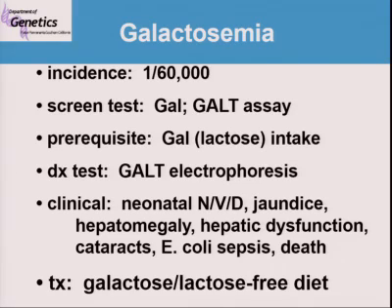So, case in point, several years ago when I was back at Vanderbilt in Nashville, there was a child who presented to our emergency room at 1 month of age who looked like the kid in the slide here, and had apparently failed his newborn screen for galactosemia, but the state was unable to contact the family.